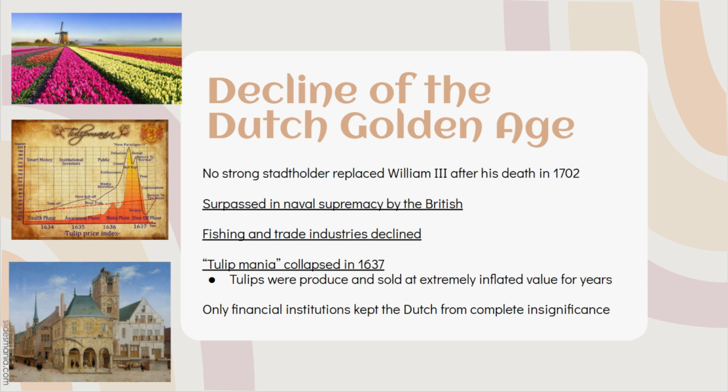It's one of the first examples we have of a market bubble bursting, and the people who had invested all their money in these tulip fields lost all their money. So all of these things over time really cripple them financially and politically. And really the only thing keeping them of any significance is the fact that they still have really strong financial institutions.